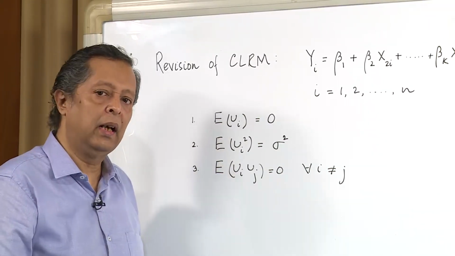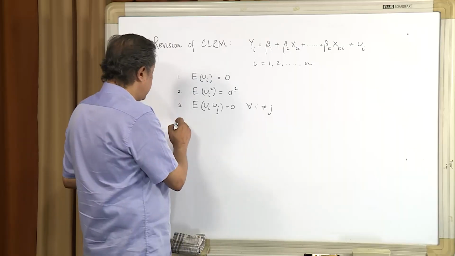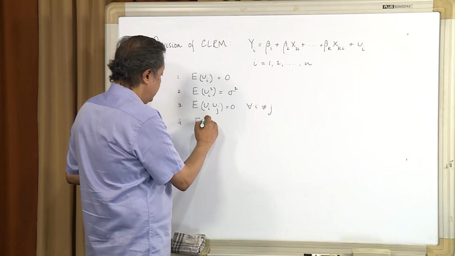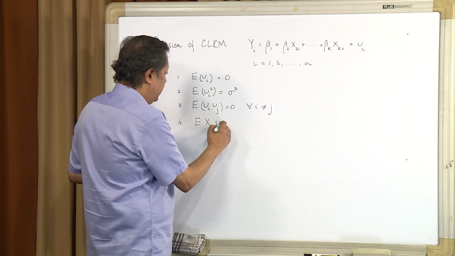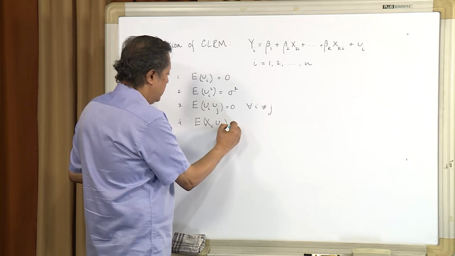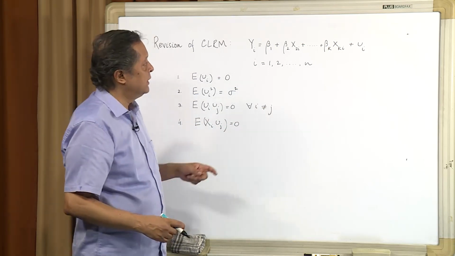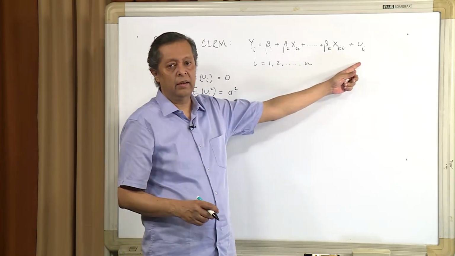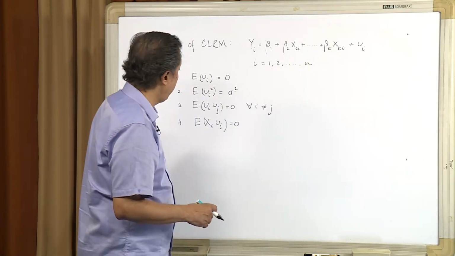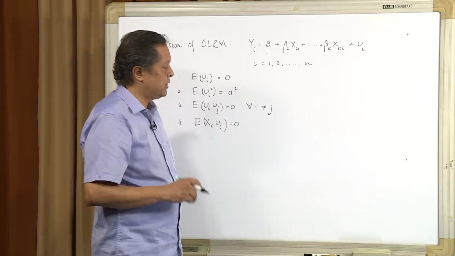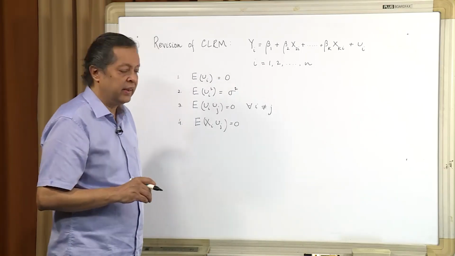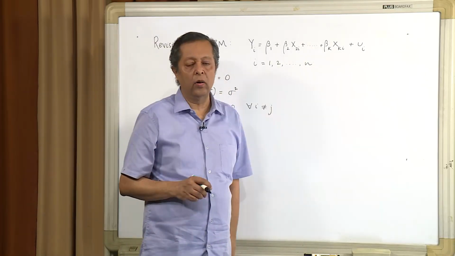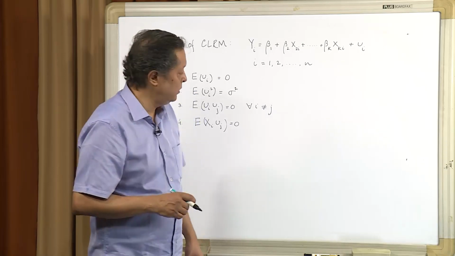These are the 3 fundamental assumptions, plus we have expectation of xi uj is equal to 0, which means that the explanatory variables x's are not correlated with the random disturbance term. Together with this, it is necessary to assume that the random disturbance terms follow a normal distribution.